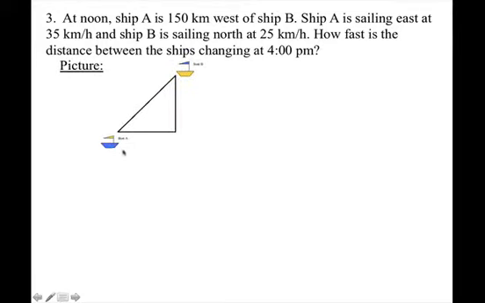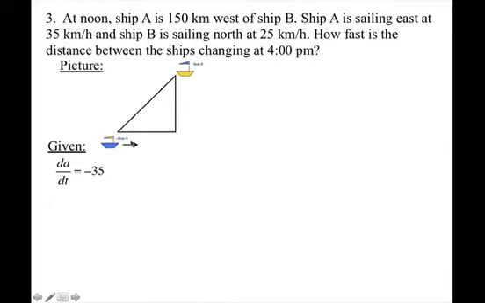So here is my picture. Here's ship A sailing east and ship B sailing north. Oh, sorry, this is east. So the given is that dA/dt is going to be -35 because that's the rate at which my ship is sailing.